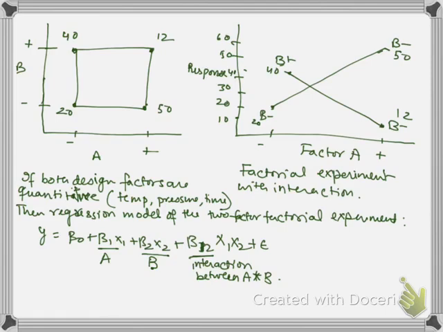Interaction is actually a form of curvature that appears in the response surface. So if you think of it geometrically, or if you do a contour plot, that's what you see. A significant interaction will often mask the significance of main effects. So it's very important that you consider that. When the interaction is large, the corresponding main effects have little practical meaning. And we are tempted to conclude that there is no effect due to those factors.